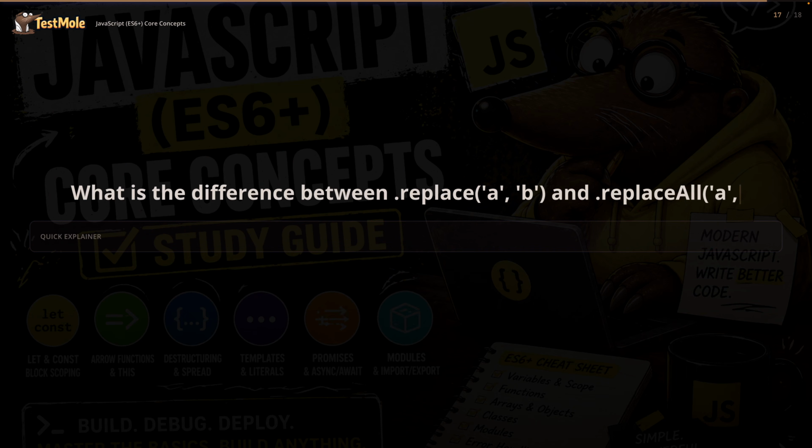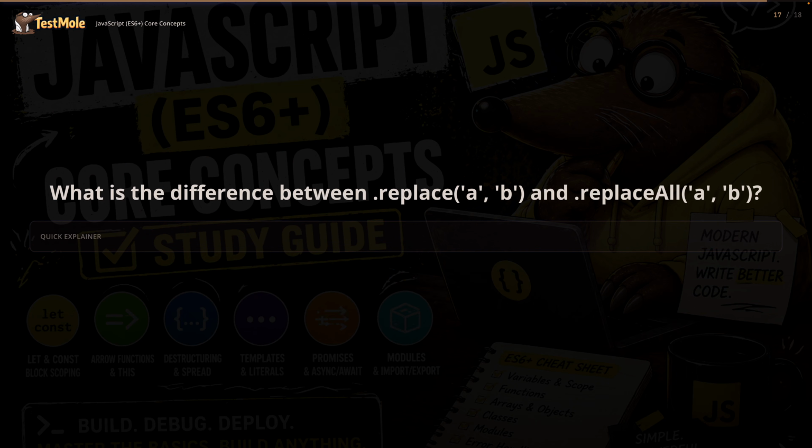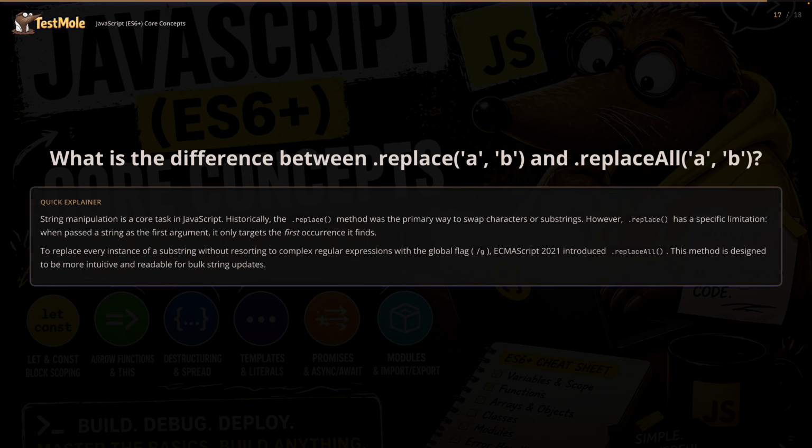What is the difference between .replace() and .replaceAll()? String manipulation is a core task in JavaScript. Historically, the .replace method was the primary way to swap characters or substrings. However, .replace has a specific limitation.